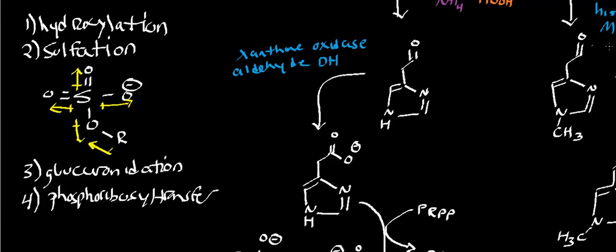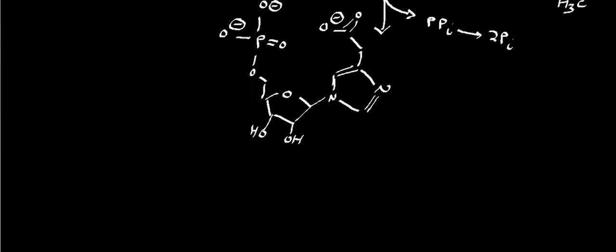Let me go ahead and show you what it would look like. If you have a phosphoribosyl group, it looks like this. So here is part of the characteristic ribose ring, and then you'll have a phosphate right here on the 5 position.